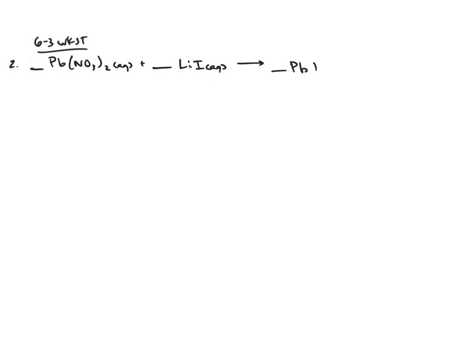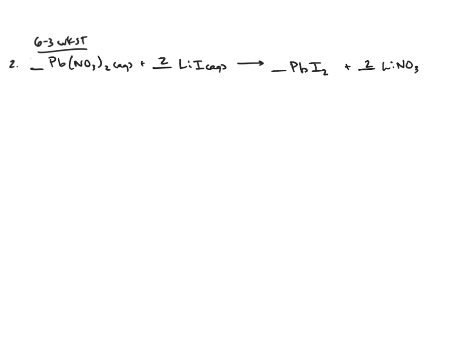Iodide's -1, so that formula would be PbI2 plus, and the other possible product, lithium's a +1 and nitrate's a -1, so the other possible product is LiNO3, and if we want to balance that, it should look like that.